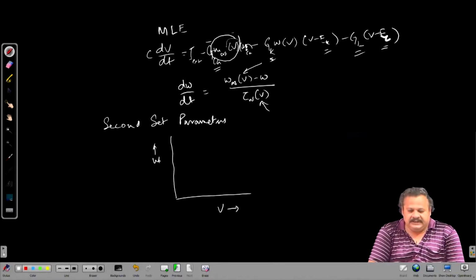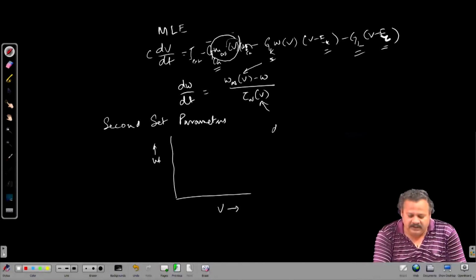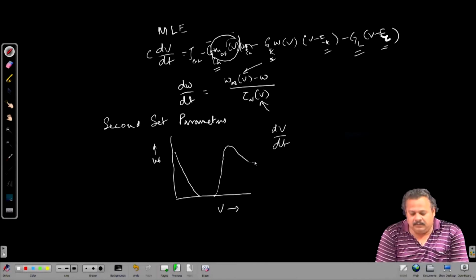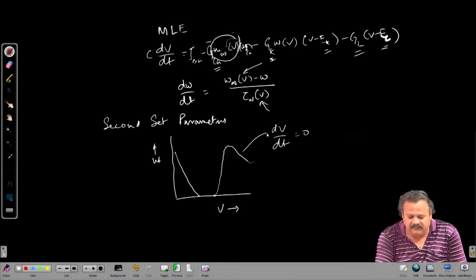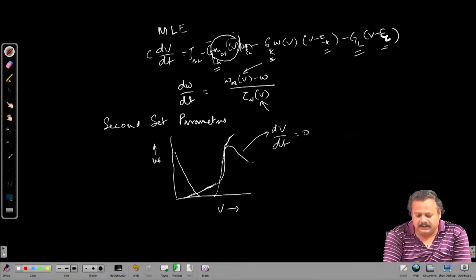In this case, with this set of parameters, the nullclines become different. If we look at the dV/dt nullcline, it turns out to be something like so, and the dW/dt nullcline turns out to be something like this.